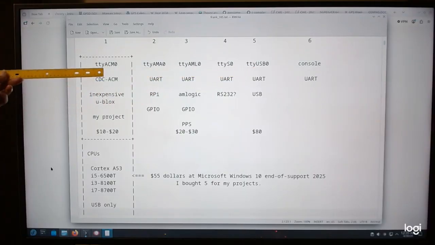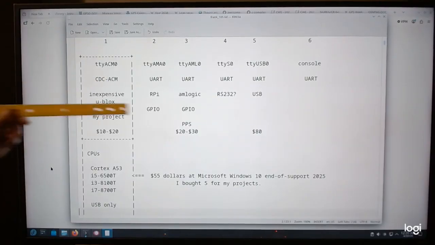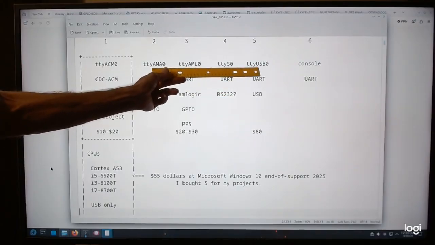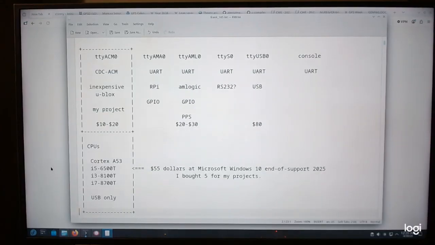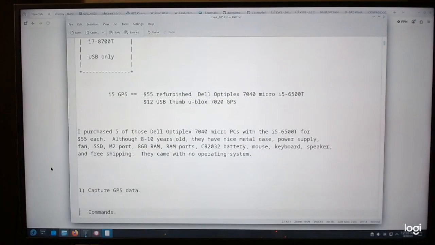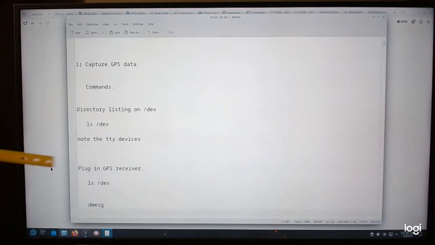I'm looking at the CDC ACM receivers right now. Maybe later I may want to look at USB UARTs. I've got an old receiver that comes up. If you want to capture the data, you can list devices.